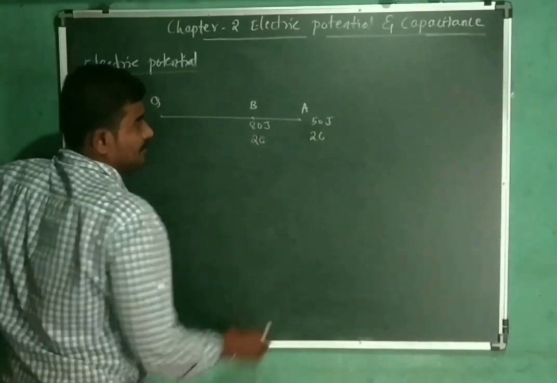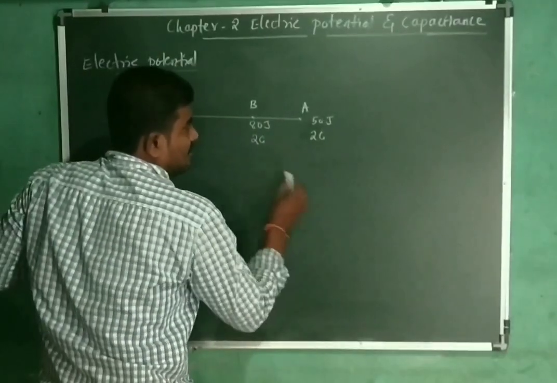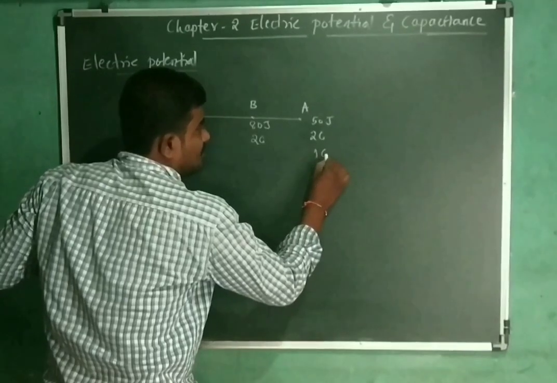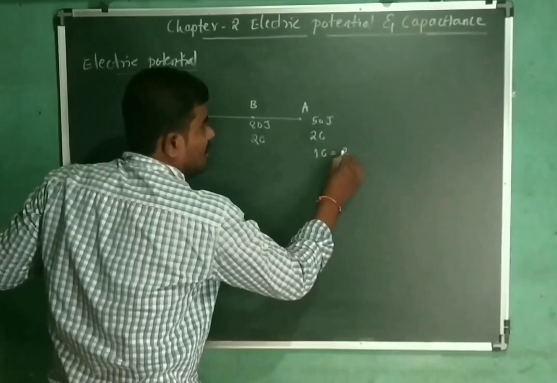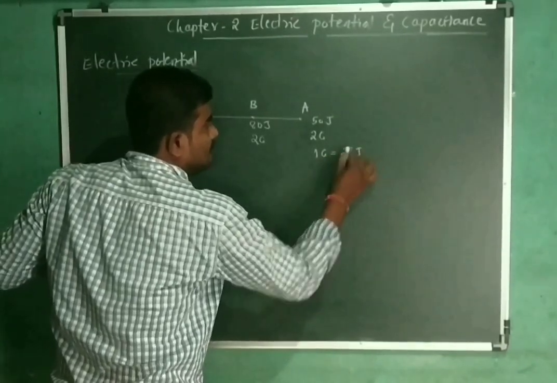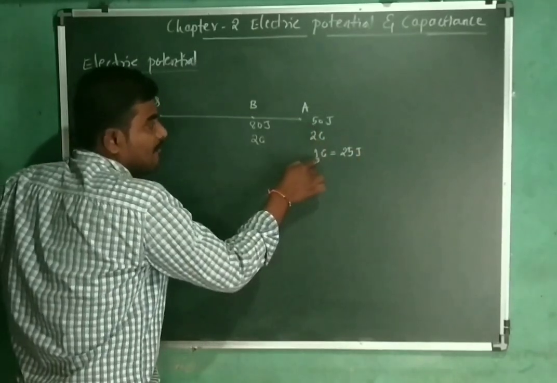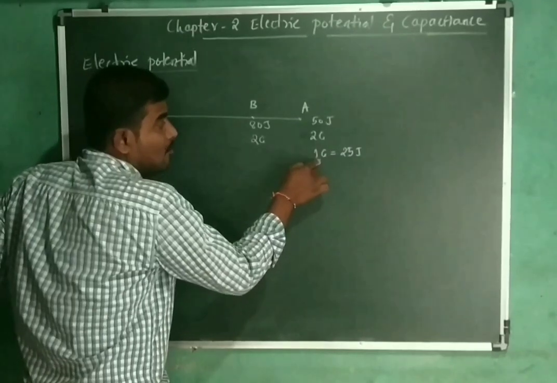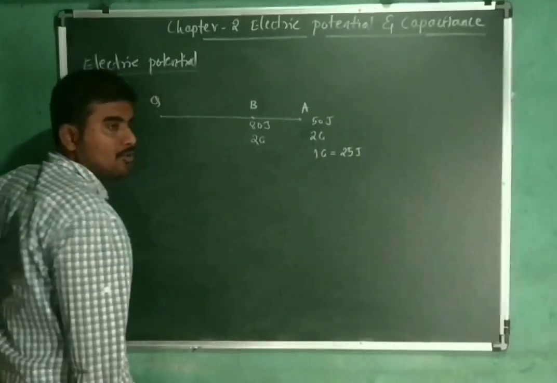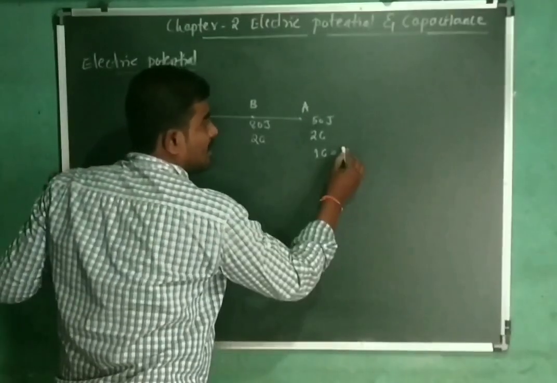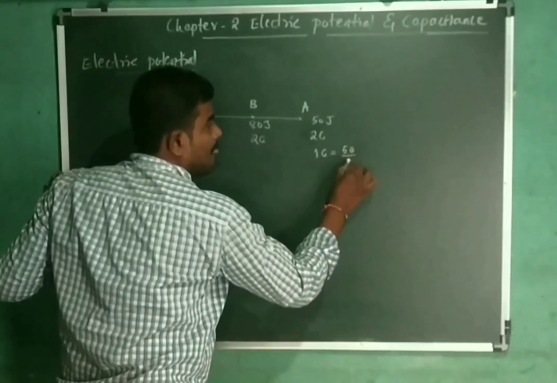What I do is I consider 1 coulomb charge. For 1 coulomb charge the amount of work done is how much? 25 joule. 2 coulomb charge has 50 joule of energy. Therefore the work done by 1 coulomb charge is how much? It is 25 joule, or it is work done divided by charge.